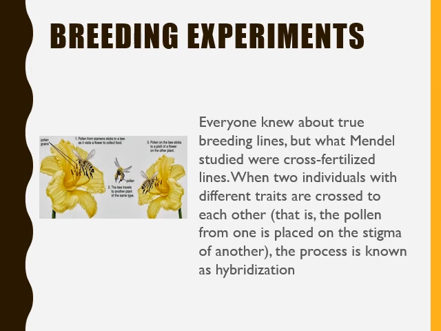He wanted to take two individuals with different characters of the same trait and cross them together. That's called hybridization. And that's where things start getting wacky.